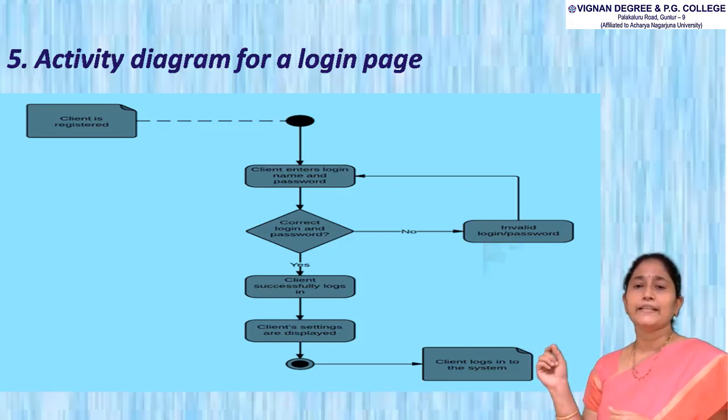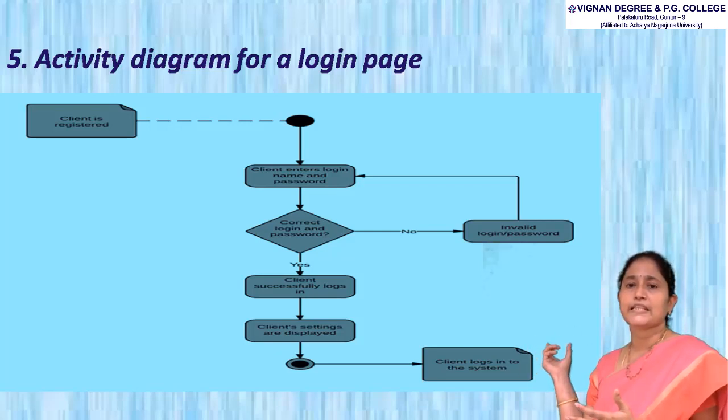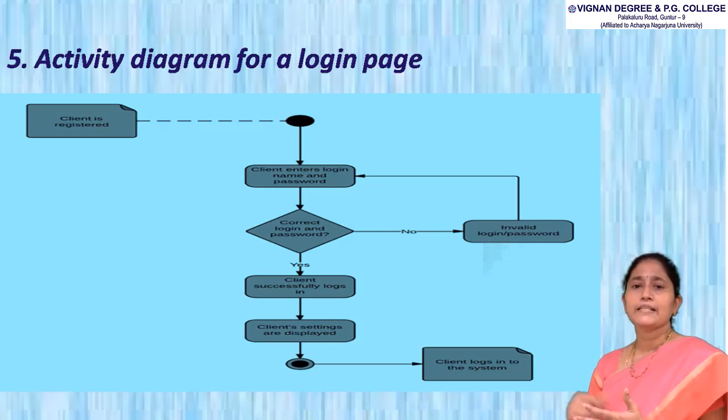If the client enters the details correctly, then the process will proceed. Otherwise, it shows invalid login details. If the information given by the client is correct, then the client successfully logs in to this website. So client settings are displayed. And finally, this is the ending symbol.